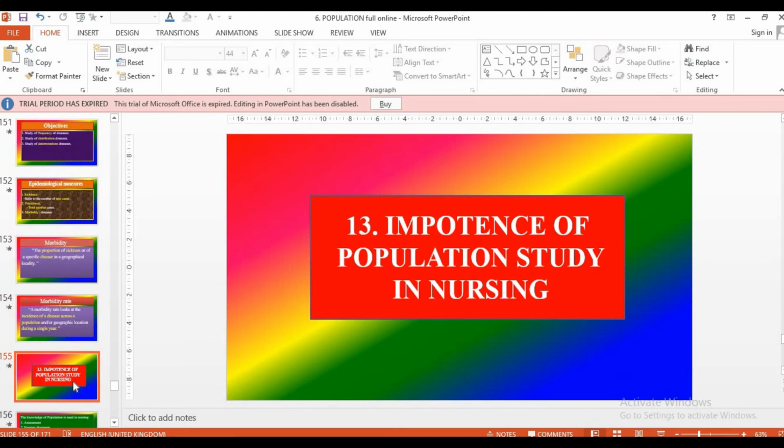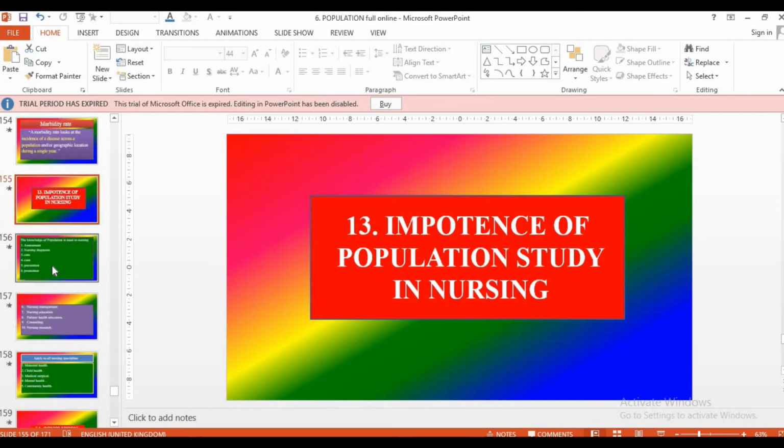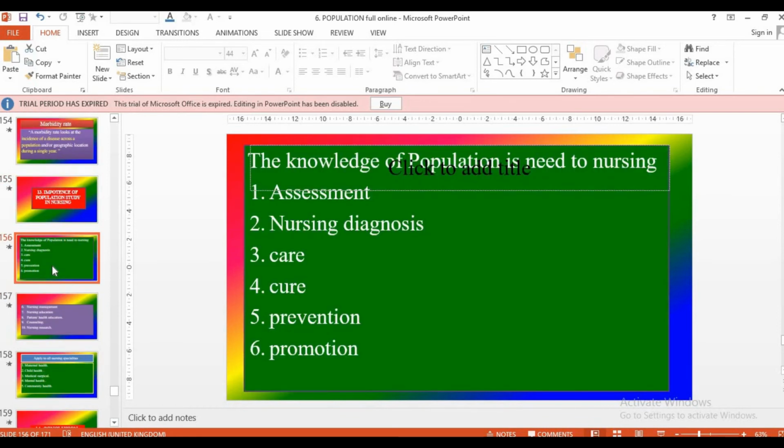Then the importance of population study in nursing. Students, population study is very important for nursing. First is nursing assessment. The nurse should assess the client on the basis of demographic data.